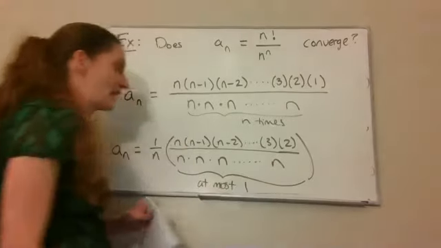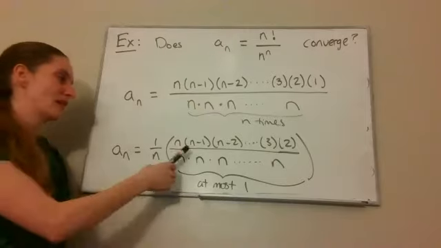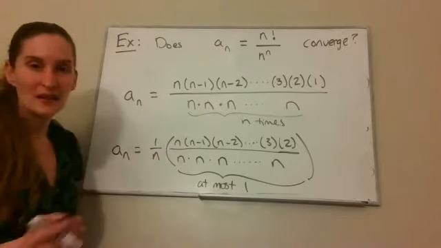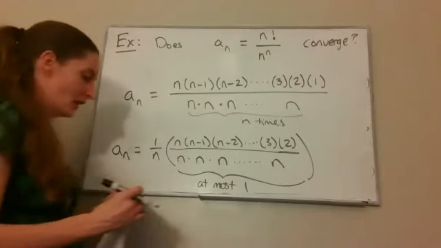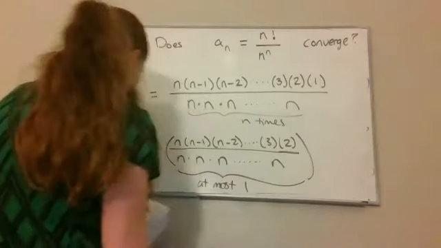So I know everything in this set of parentheses is at most 1. And in fact, it's likely smaller than 1. It all depends on what your n is. But you can see that I have a smaller numerator than I have a denominator. So everything in the parentheses is at most 1.